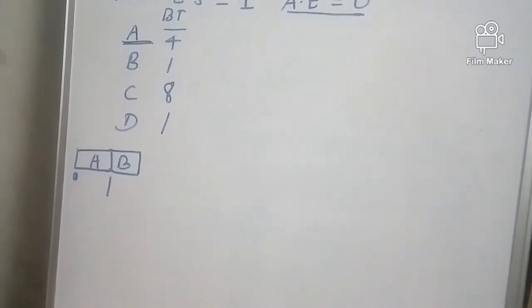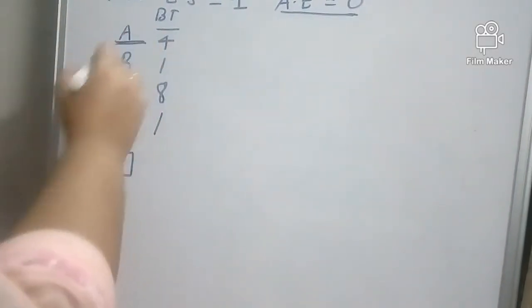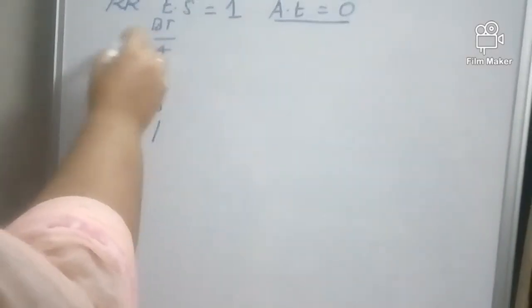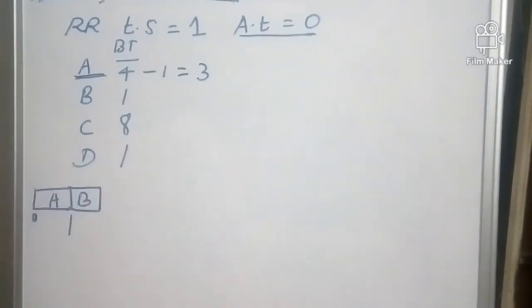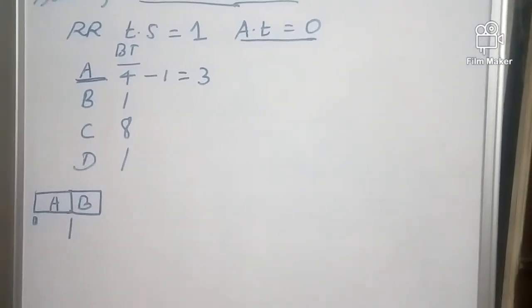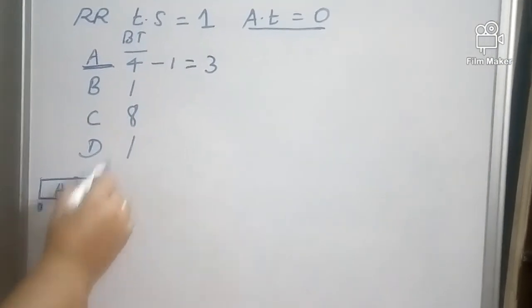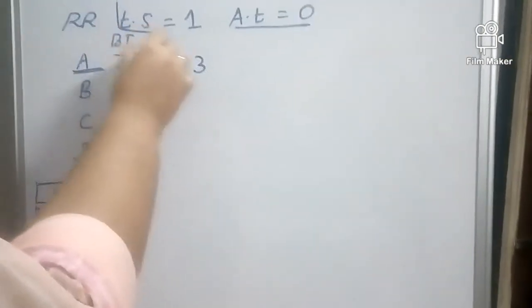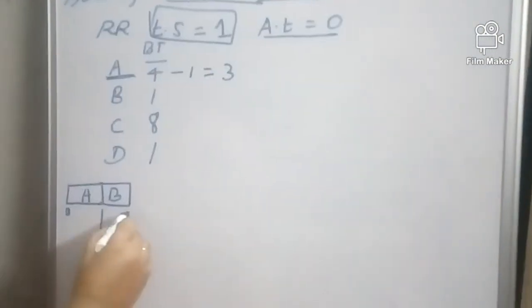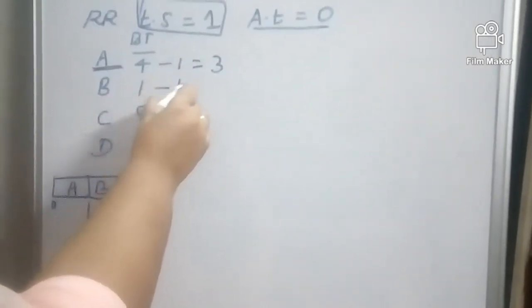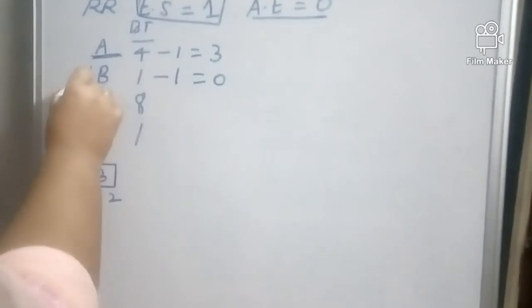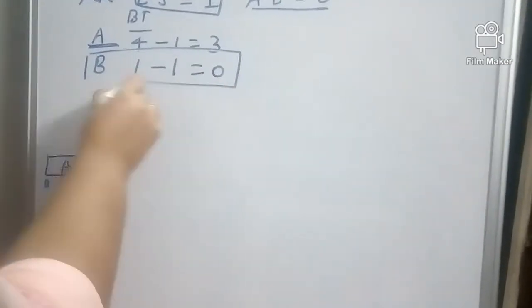Now note down one thing. Suppose 1 unit of the burst time is completed, then the remaining is 3. So you should write it here. And B, again 1 unit because our time slice is 1 only. So 1 to 2. You subtract 1 minus 1 is equal to 0, and at the time of 2 the process B is completely finished.